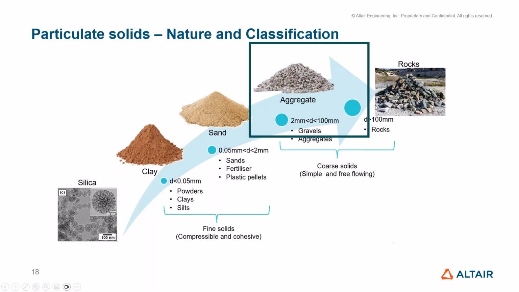Gravel particle sizes typically range between 2 mm and 100 mm. It is simple to model as a free flowing, incompressible material, which is the tendency of gravel, and it can fit with the Hertz-Mindlin contact model.